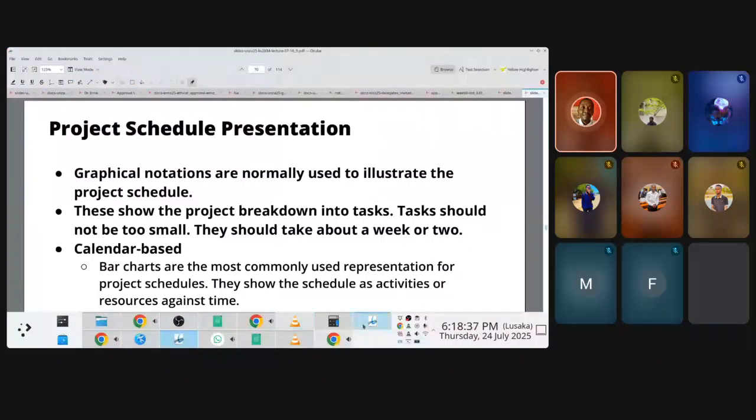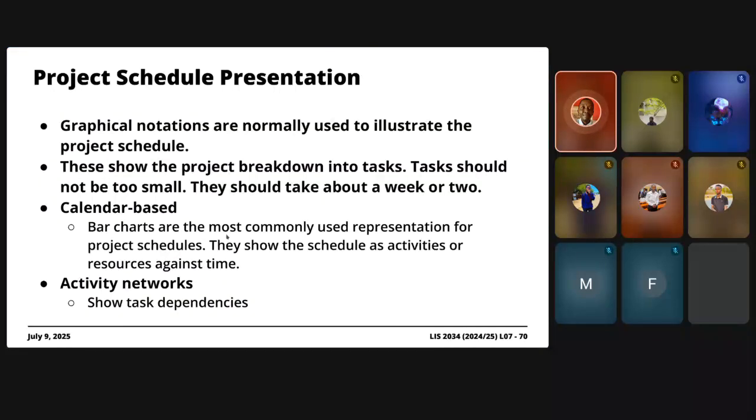Right. So, if you look at your calendar-based notation, what you begin to notice is that this thing is typically presented on an XY plane, right? Where your y-axis will represent your tasks and activities, and then your x-axis will be the time, for instance. Okay.